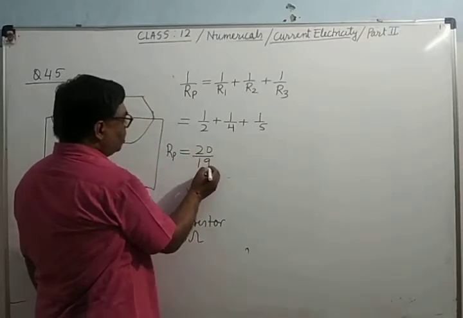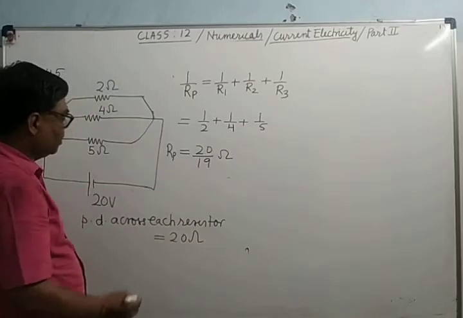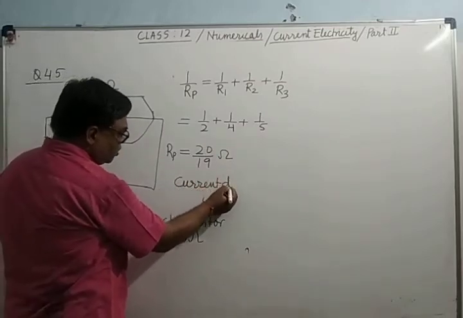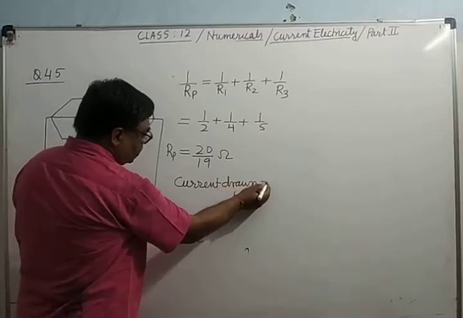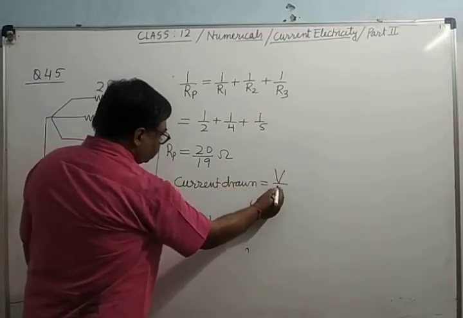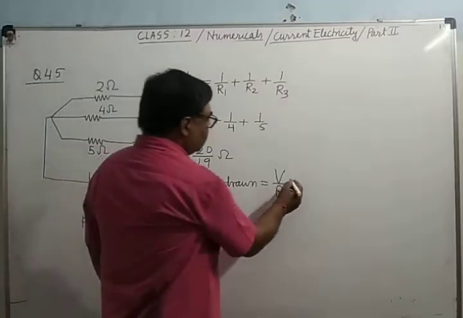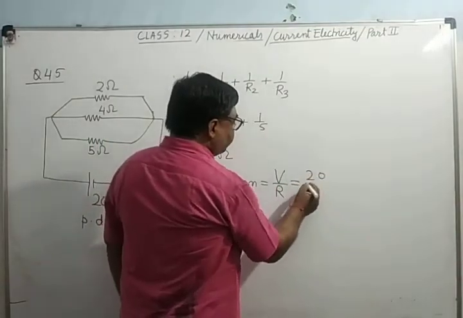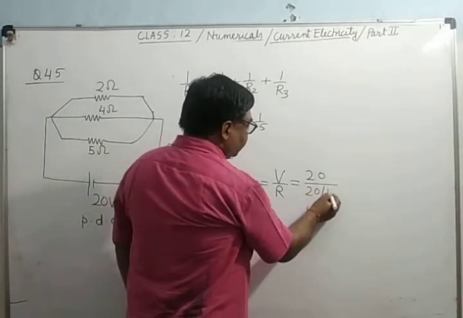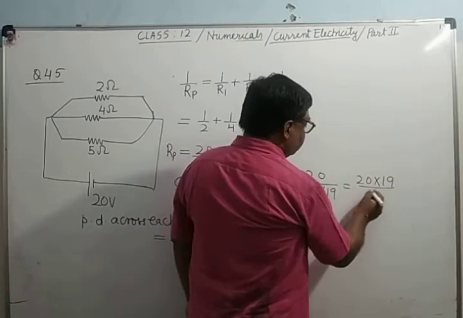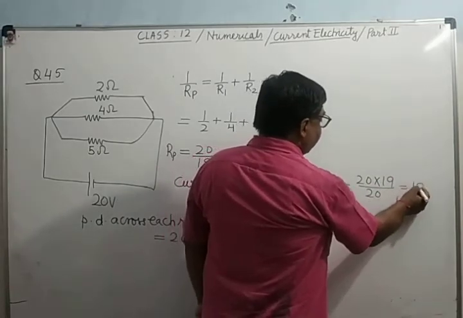Calculation I am not doing. What is the current drawn? Current drawn equals potential difference upon total resistance. What is the potential difference? 20 volt. So it is 20 divided by 20 upon 19, that is 19 ampere.